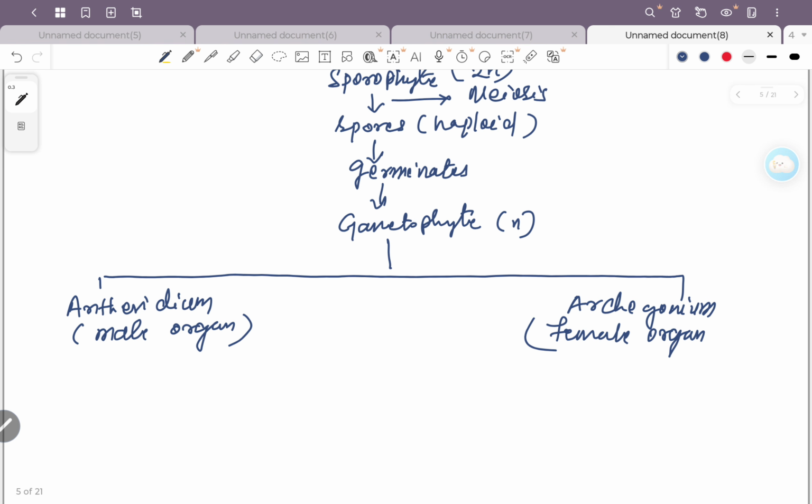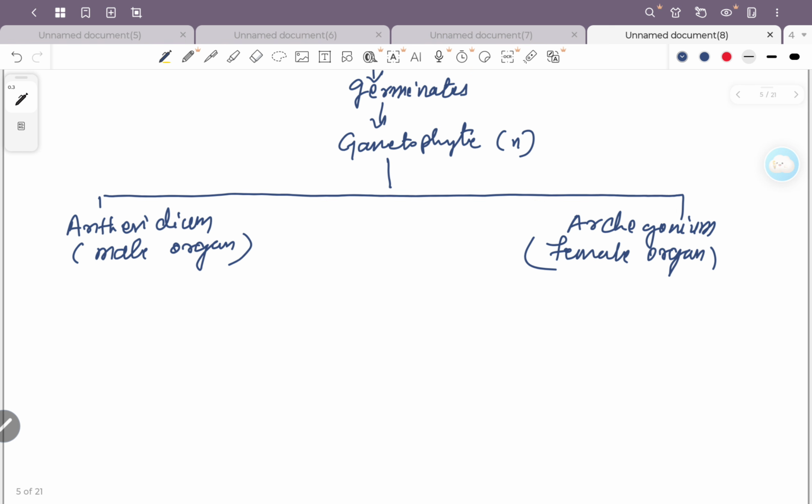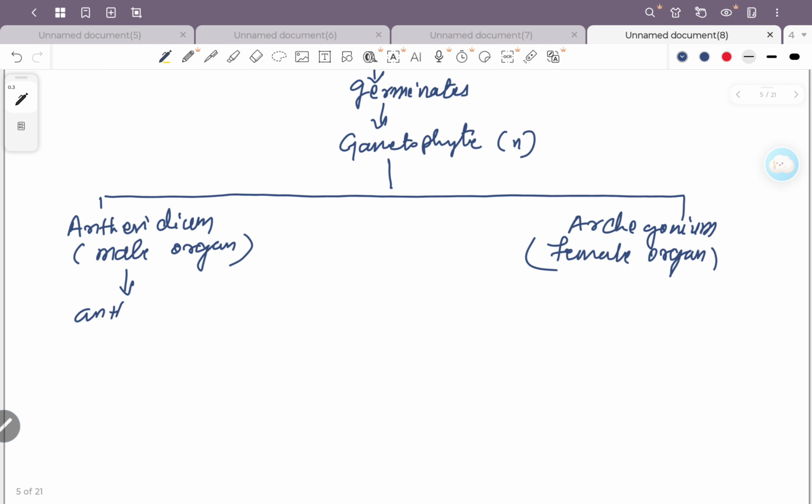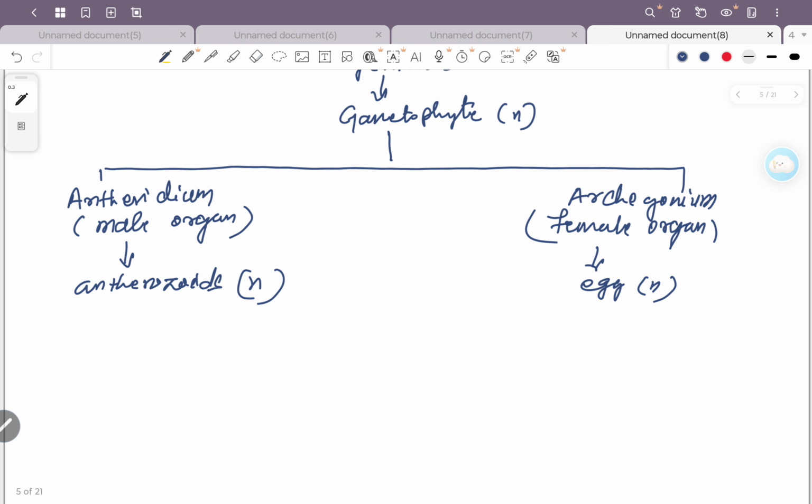Now the male organ produces antherozoids, the female organ produces the egg, which is N. Antherozoids are also N, and they are motile.